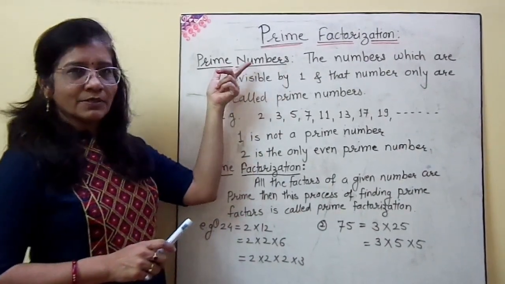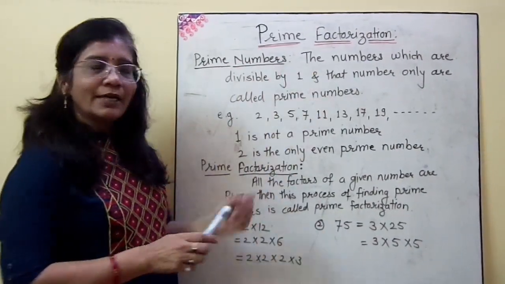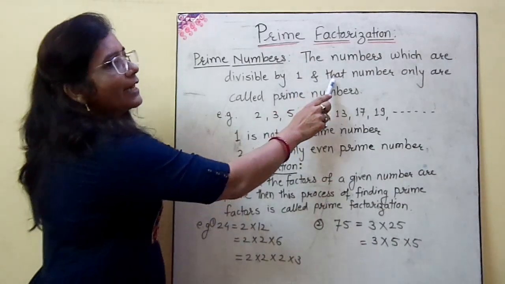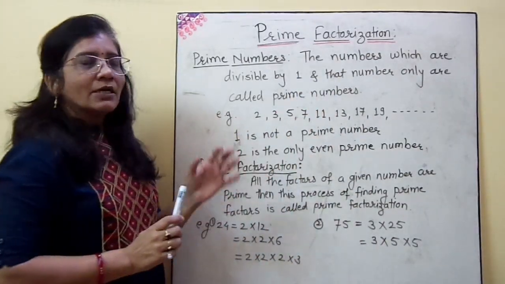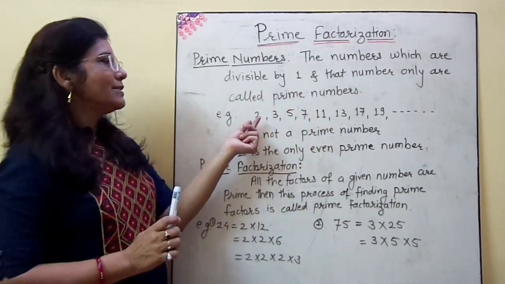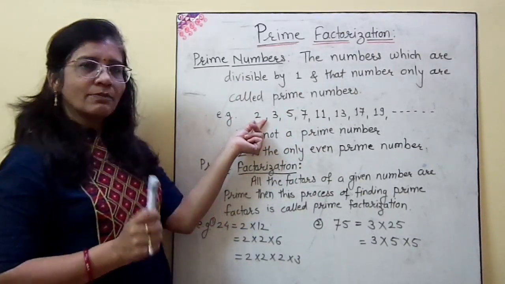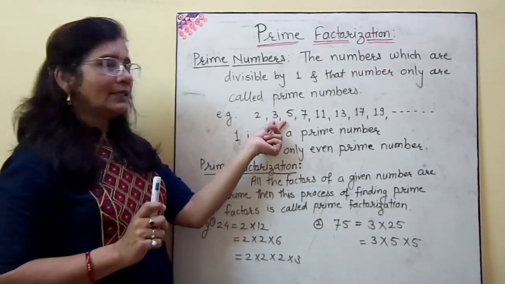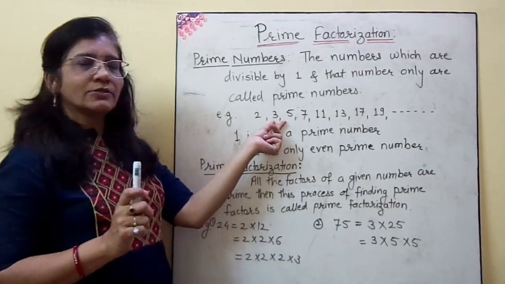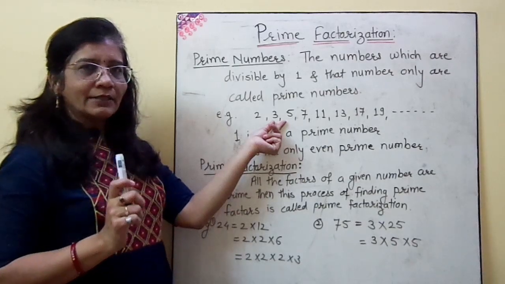What are the prime numbers? The numbers which are divisible by 1 and that number only are called prime numbers. If I take 2, it is a number which is divisible by itself and 1 only. The 3 is also divisible by 1 and 3 itself.